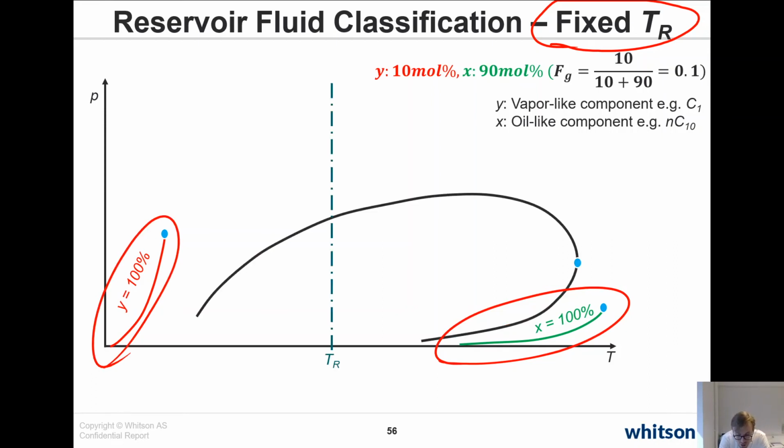If we make a mixture of the two of them, we'll get a phase envelope looking, for instance, something like this. Here we've mixed it in a ratio where we only have 10 mole% of methane, and almost everything is decane.